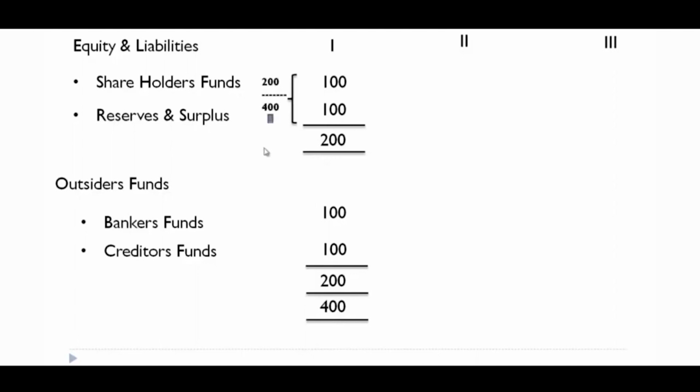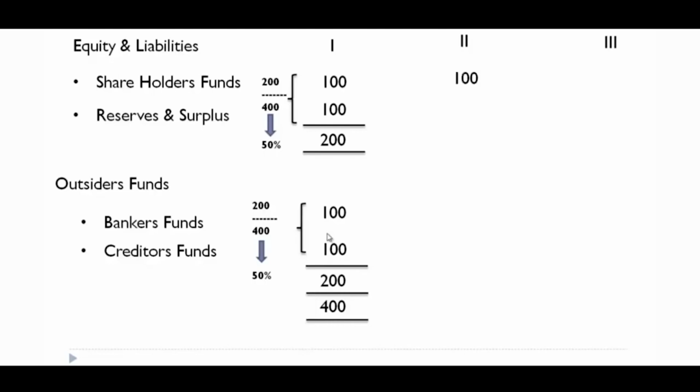So the shareholder funds constitutes how much? 50% of total funds. The outsider funds is also 200 on 400, which is 50%. So here you can understand that owners and outsiders are in equal proportion. They have contributed 50-50.